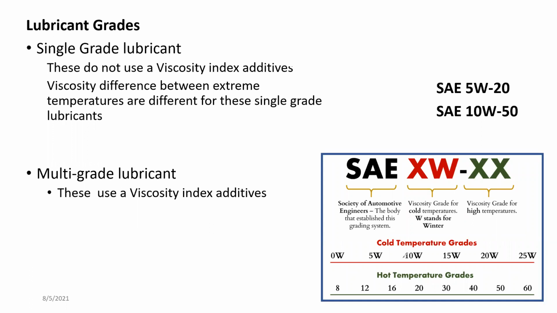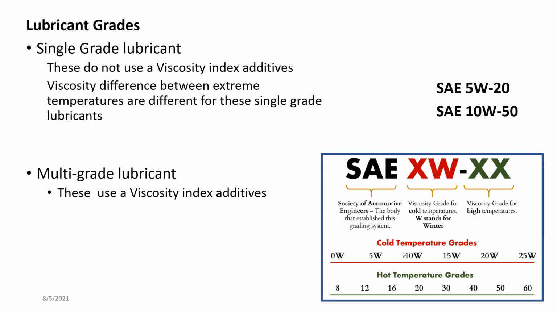The difference between single grade and multi-grade lubricant is the viscosity. The viscosity difference between the extreme temperatures, low temperatures and high temperatures, is different for each of these oils.